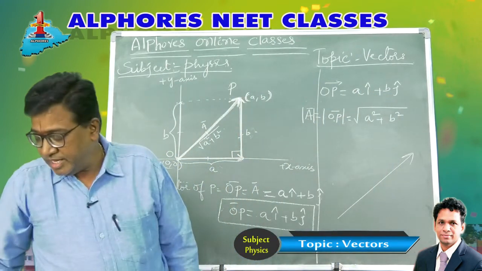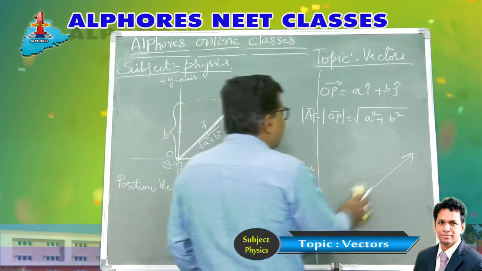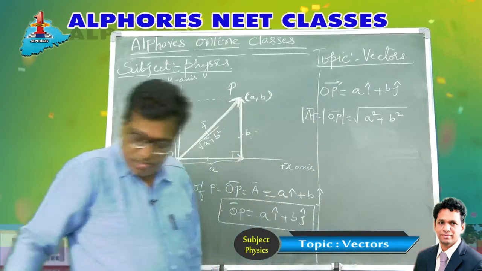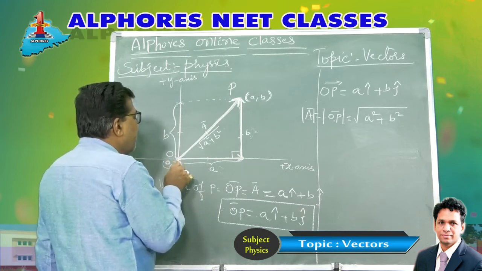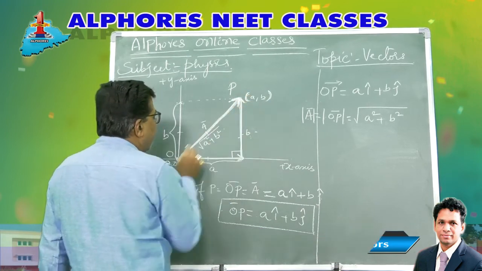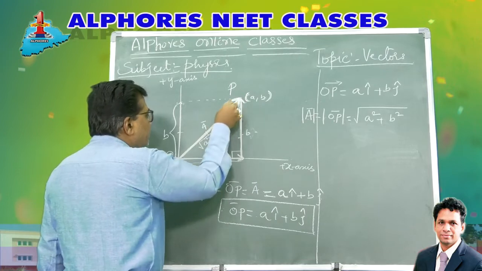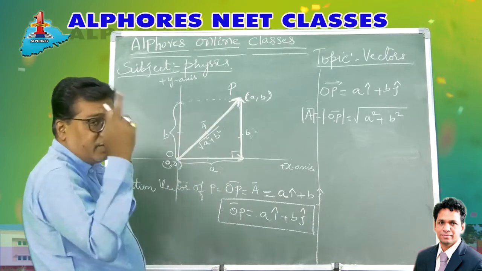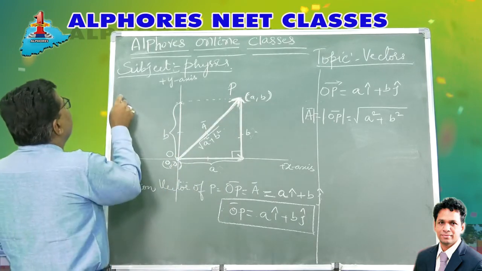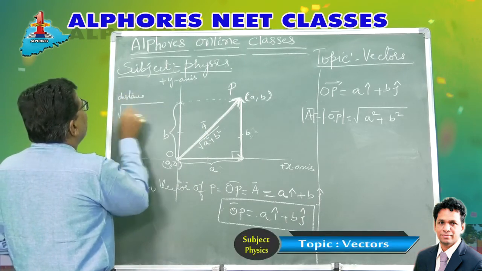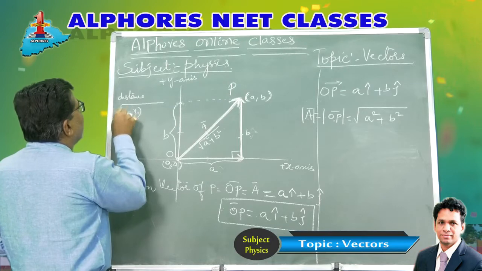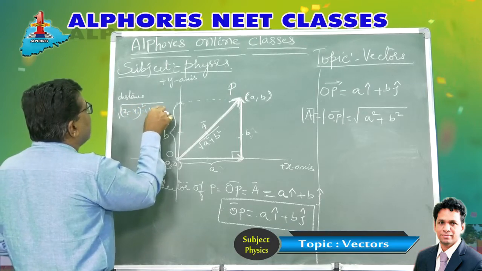You can even find this by another method. According to analytical geometry, the coordinates of this point are 0, 0, and the coordinates of this point are A, B. The distance between two points, the length of this line segment, according to coordinate geometry, is the square root of x2 minus x1 whole square plus y2 minus y1 whole square.